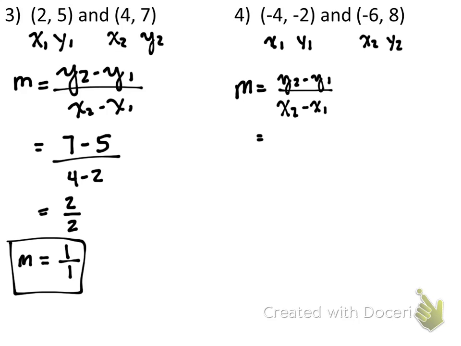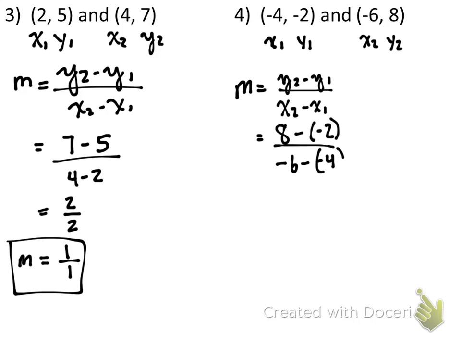Watch carefully. 8 minus y1, which is negative 2, so it has to go into its own parentheses. So we're subtracting a negative 2. x2 is negative 6 minus x1, which is negative 4.